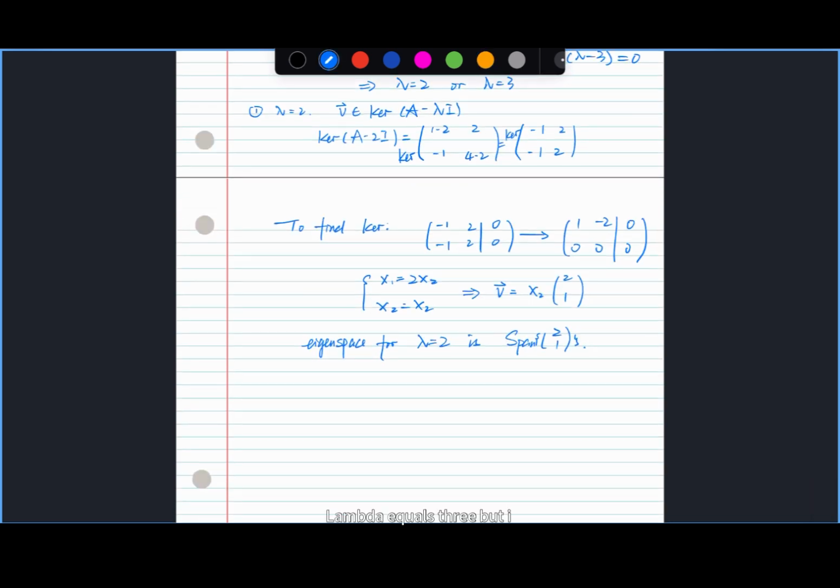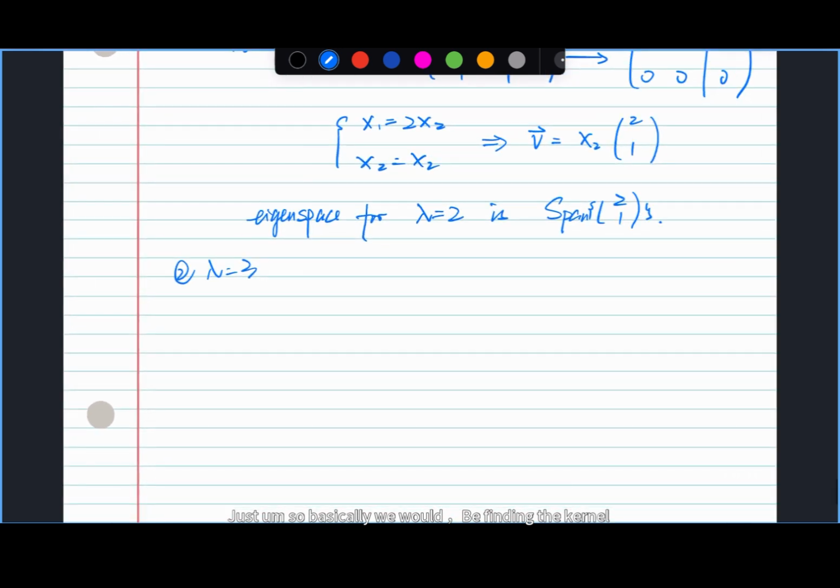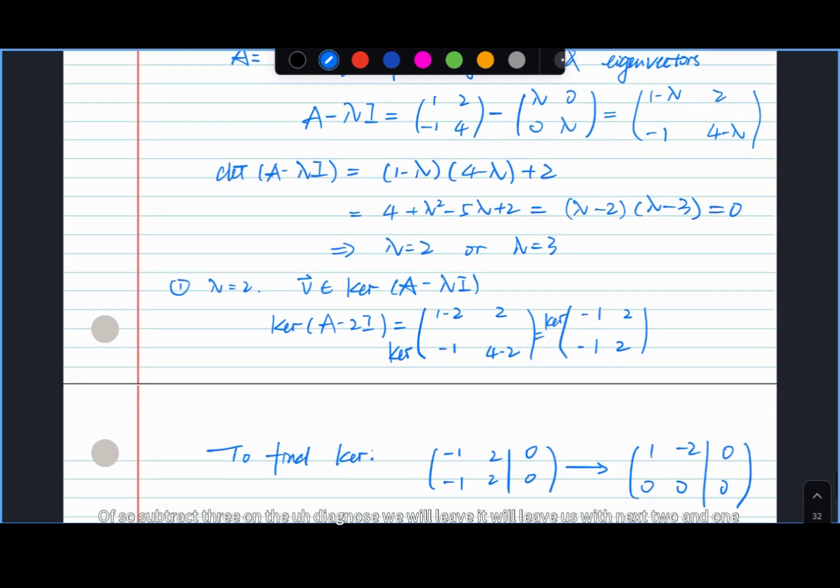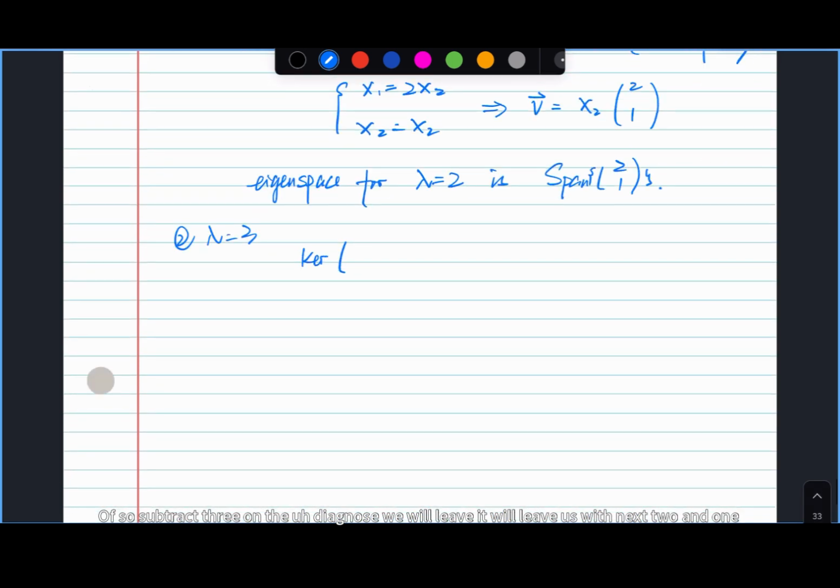So that's for lambda equals 2. And we also need to calculate for lambda equals 3. Basically we would be finding the kernel, so subtract 3 on the diagonals, which leaves us with -2 and 1.